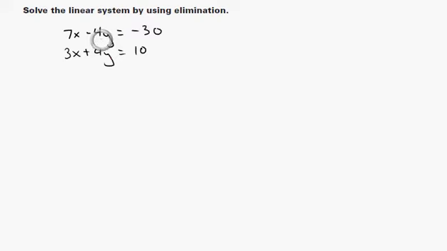If you look at the coefficient of my y, I have a minus 4, and the coefficient of my y in the second equation I have 4. Well, those are opposites of each other, and we know if we add opposites we always get 0. So I know if I have 0y, that eliminates the y and I'll have just x's left over. So I can add these two equations together.